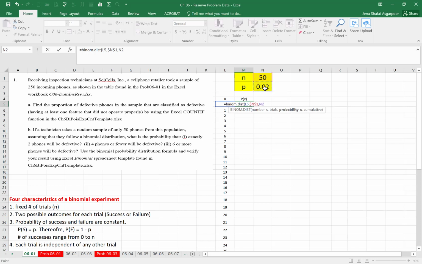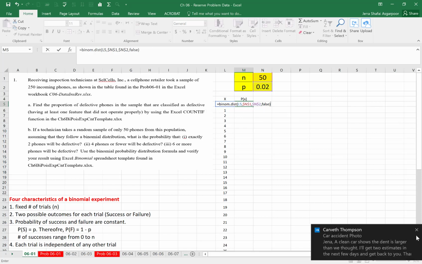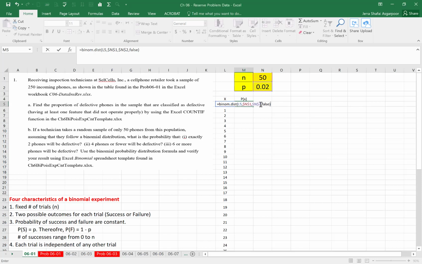Probability is 0.024. Again, I'm going to fix the cell reference. And then I'm going to say false, meaning that I'm only looking at the exact probability of the binomial.